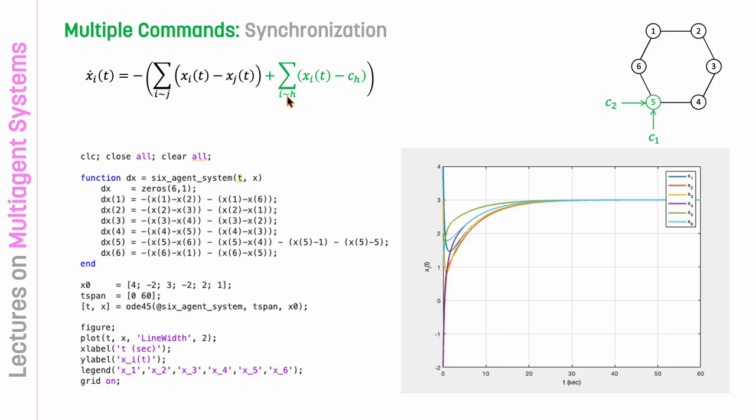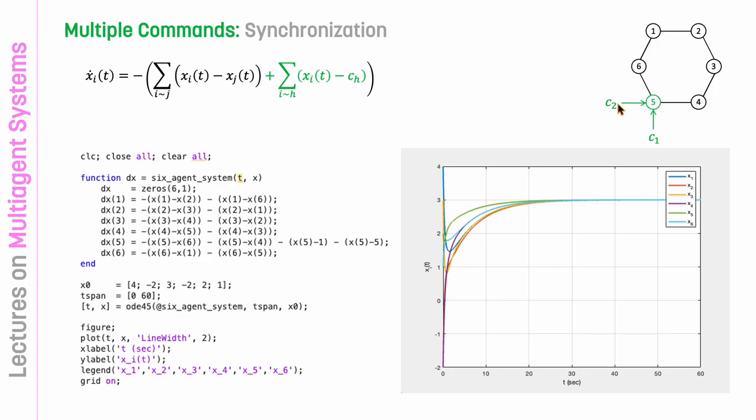For example, what this means for agent number 5 is that agent number 5 is subject to command number 1 and command number 2. So this is command number 1, command number 2. C1 is 1, C2 is 5. And what this notation means for all other agents in this case is nothing, because none of the other agents, 1, 2, 3, 4, and 6, are subject to external commands, and this green term drops out.